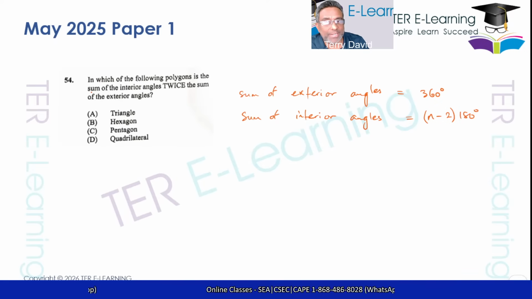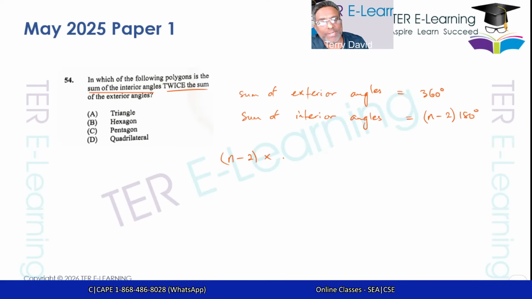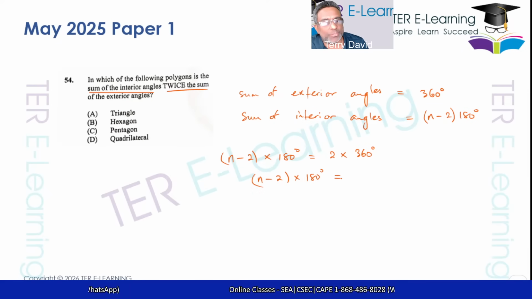Now they are telling me that the sum of the interior angles is twice the sum of the exterior angles. So that means that n minus 2 by 180, that's the sum of the interior angles, is equal to twice the sum of the exterior. So that's 2 by 360. So basically we have n minus 2 by 180 is equal to 720, right?